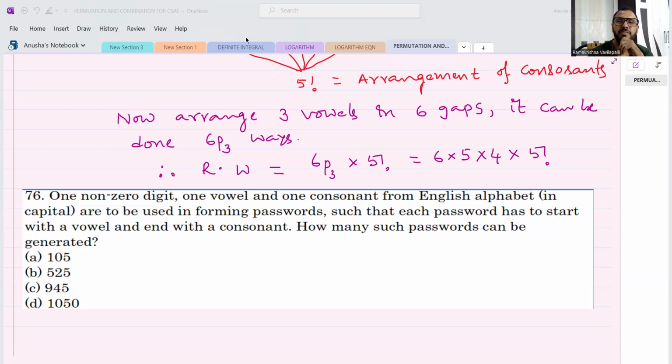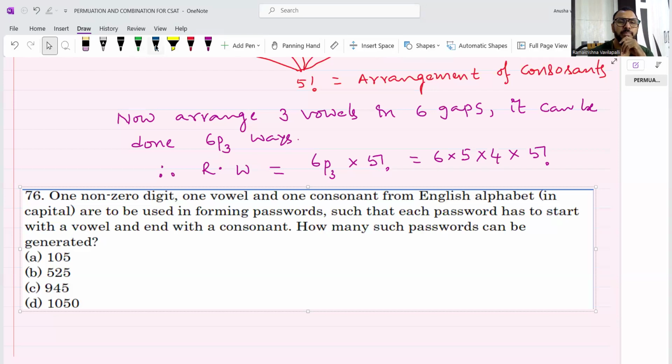Well, there is a question from CSAT 2022. The question is quite simple. Once you understand the process, it is a very, very simple question. You can get it in 30 seconds also. What is this question?